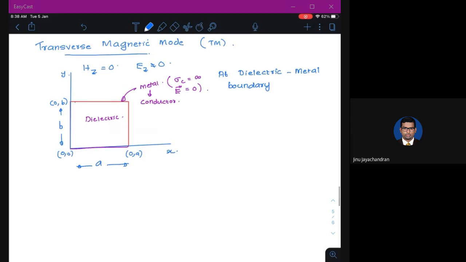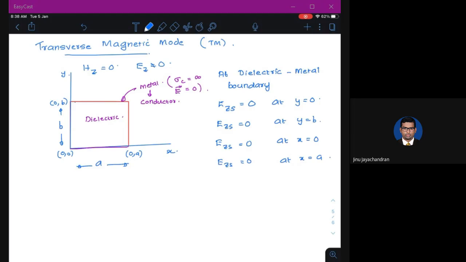That means EZS is equal to 0 at Y equal to 0, because that is this position. EZS is equal to 0 at Y equal to B. EZS is equal to 0 at X equal to 0, and EZS is equal to 0 at X equal to A. So these are the boundary conditions.